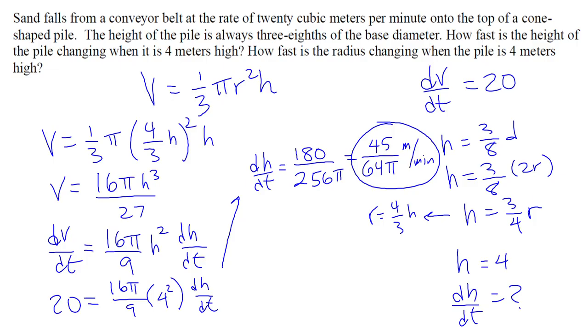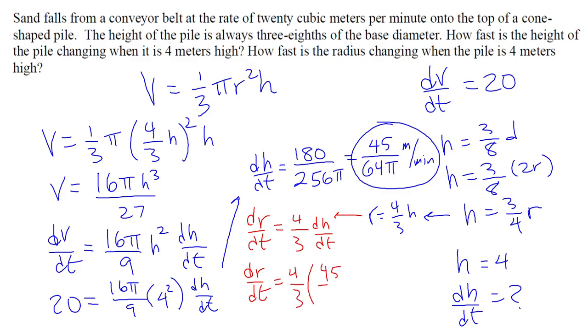That's not divisible by anything. Again, we can't reduce that anymore. Now, it also asks us to find dr/dt. Well, dr/dt, we can just really easily find. We know that the radius is 4/3 of the height, which means that dr/dt is just 4/3 of dh/dt, right? We don't have to do a whole bunch more work. We just need to say that dr/dt is 4/3 of what we just found, which is 45 over 64 pi.